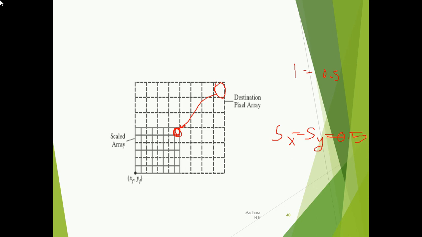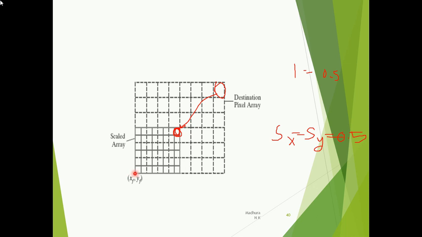So this is the scaling process we are going to do. Scaling means the larger object is being decreased in its size to a smaller object. We consider a fixed point. Whenever you are doing a scaling process, you do it with respect to a certain fixed point.